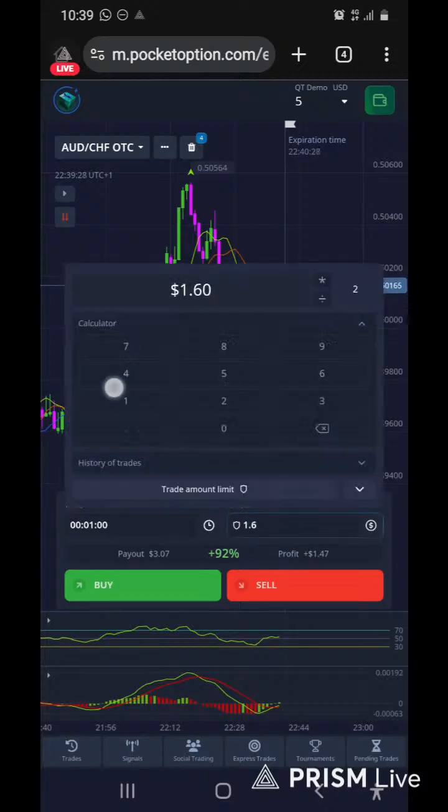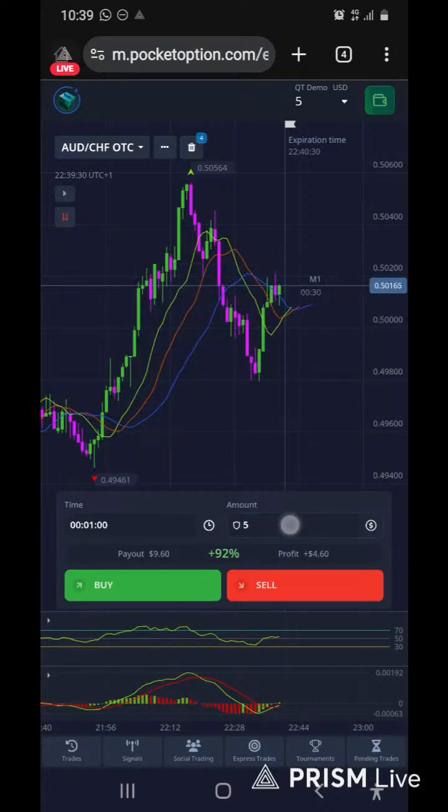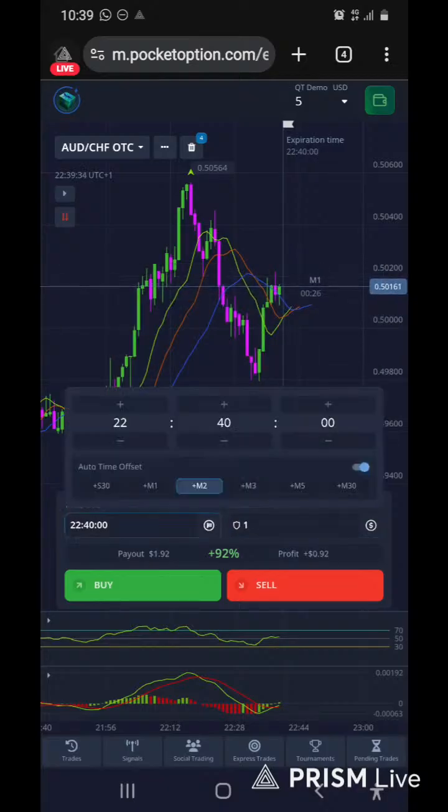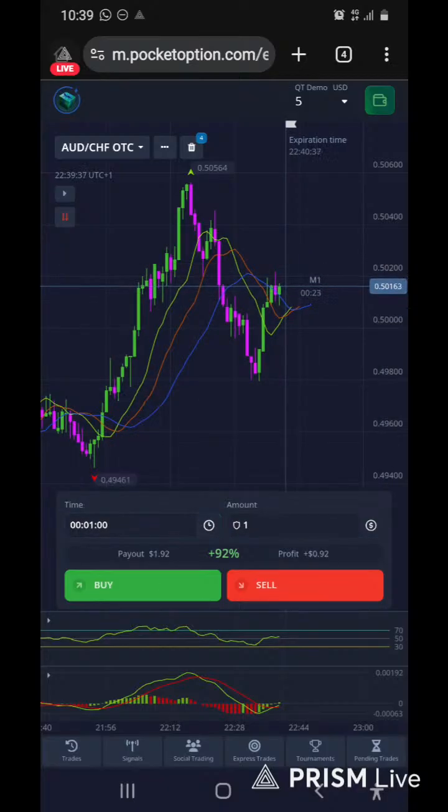I haven't entered the trade, but we enter now. We enter at 2 minutes. Just 2.